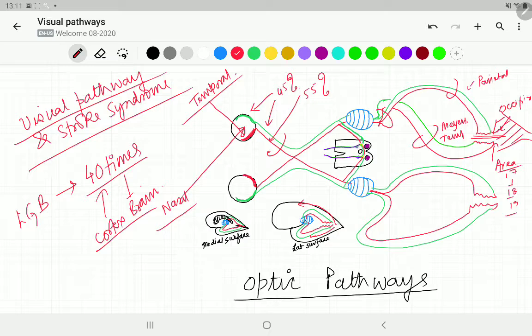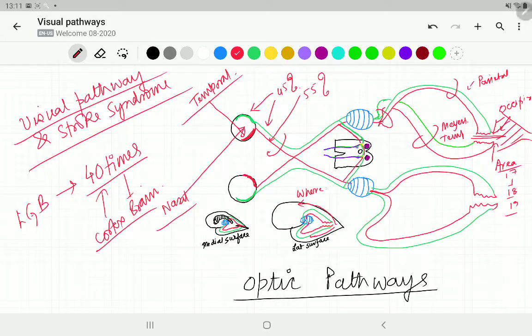The information which is passed on to the parietal lobe helps to locate the object in three-dimensional space. Where is the object? What is its speed? What is its exact location? All this information is provided by the parietal lobe. So that's why it is also called the where pathway. So where the object is in three-dimensional space, we can understand.